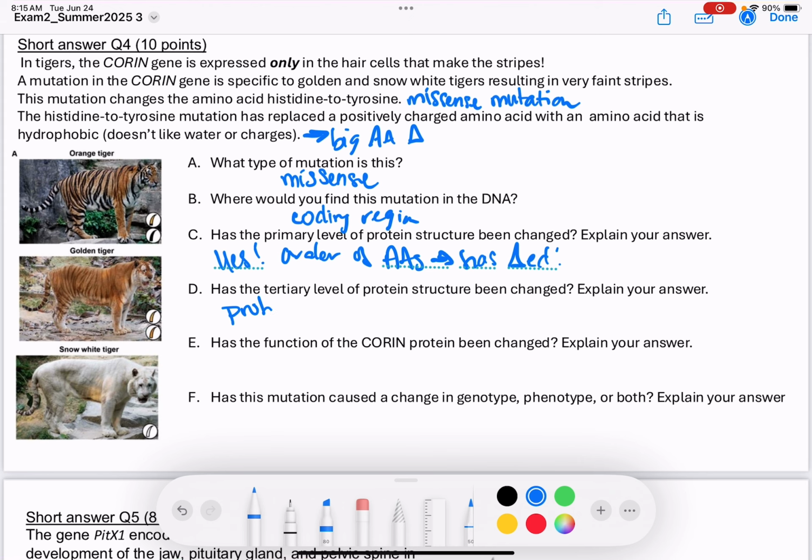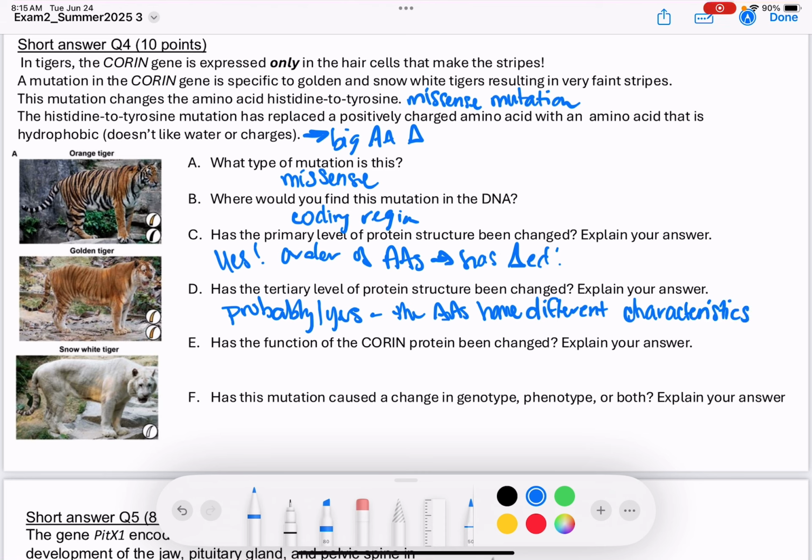Has a tertiary level of protein structure been changed? Probably. I also allowed yes or probably. The AAs are very different. So that would probably affect the way that it's folded.